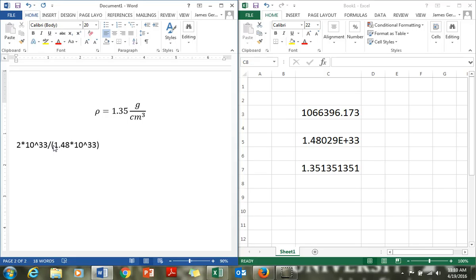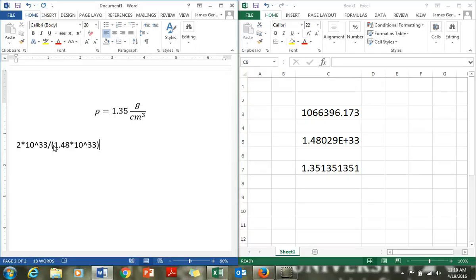So I'm guessing the 1.48 comes from the 4/3 pi r cubed, right? The 1.48 came from the volume, 1.48 times 10 to the 33 cubic centimeters. But we're on number 2, right?